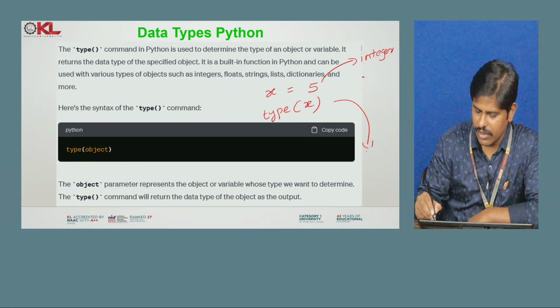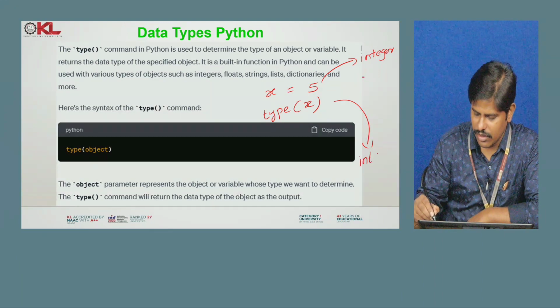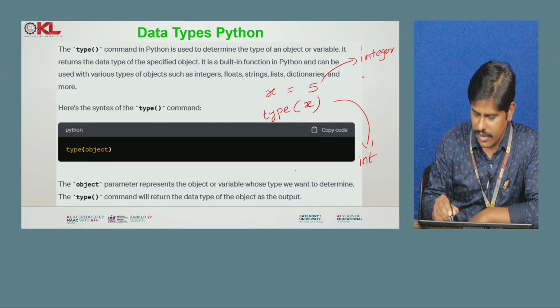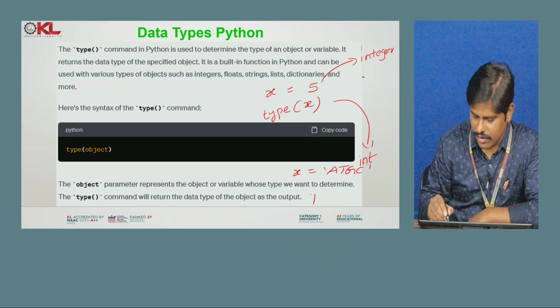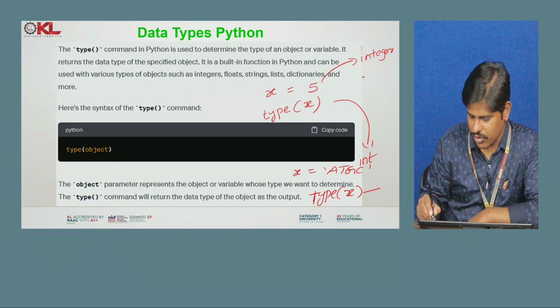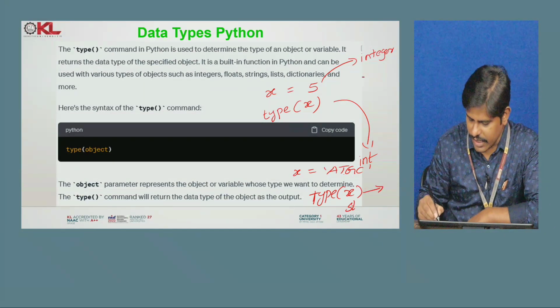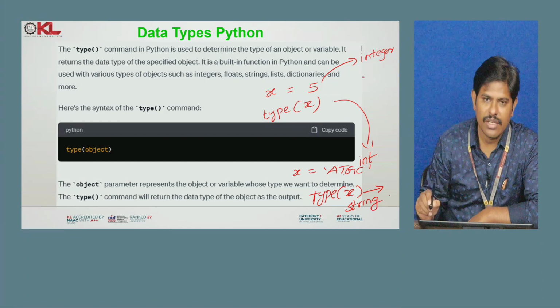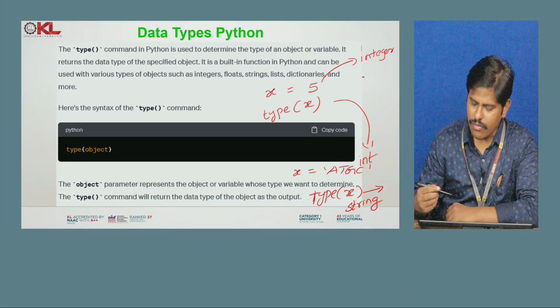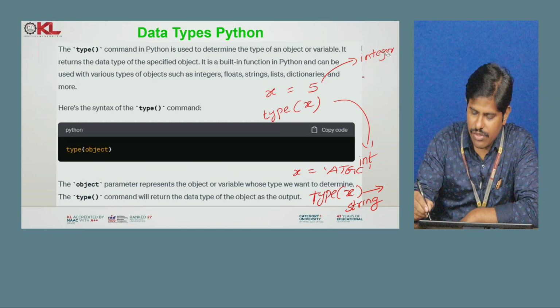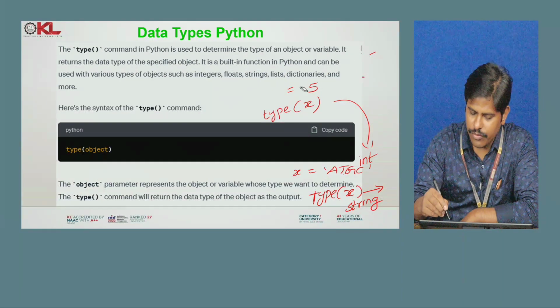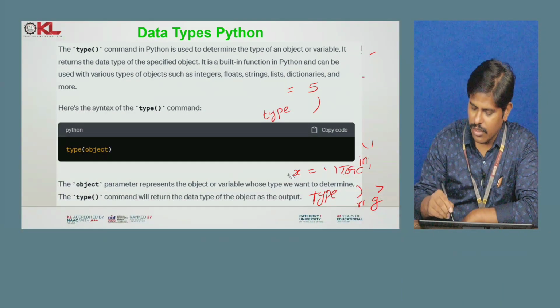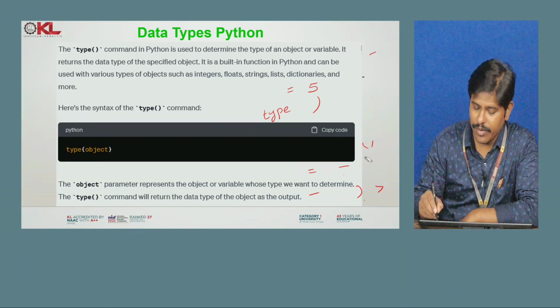The output will be int, integer. Now I'll say x equal to atgc, then if I say type(x), the output will be string, because atgc is a series of characters, or simply we call it a string here. By using the type command we can understand the different data types in Python programming language.